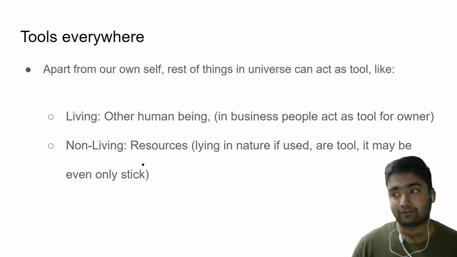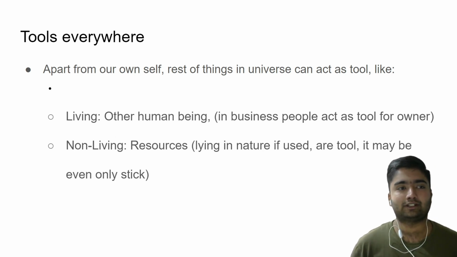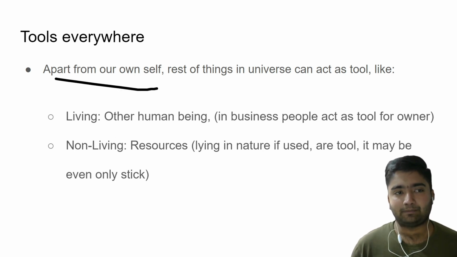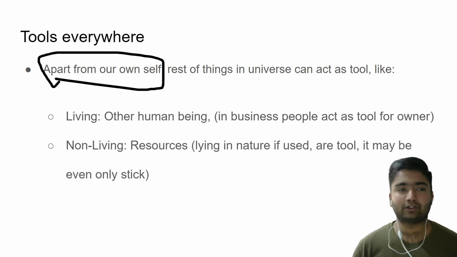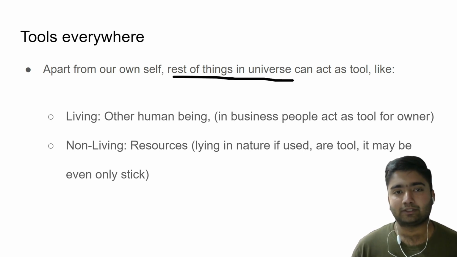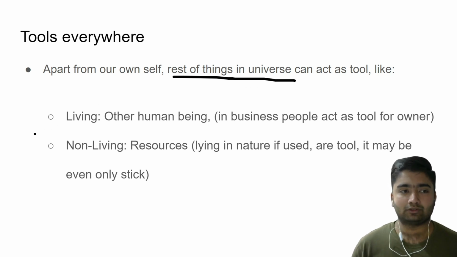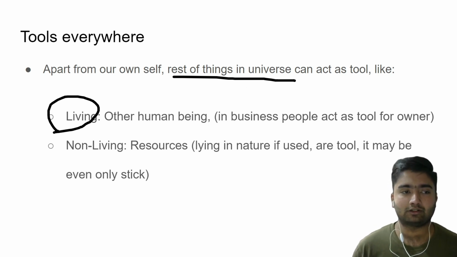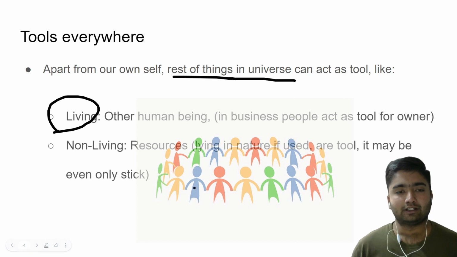So tools are everywhere, we know this. The things apart from ourselves, and in some cases our body also, act as tools, but we cannot always see them. So the things apart from us belonging to the universe act as a tool. These can be living things or non-living things. Living things are like humans around us.